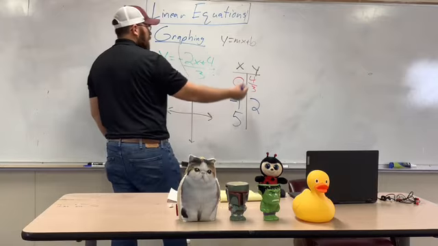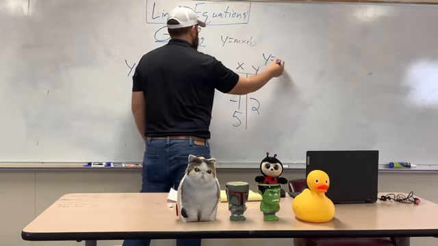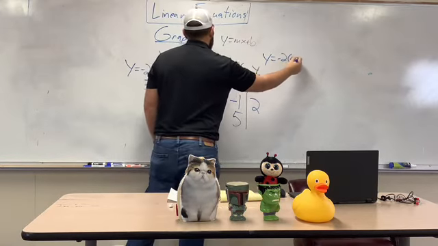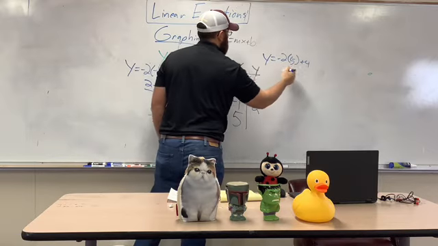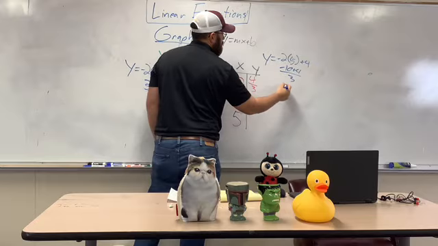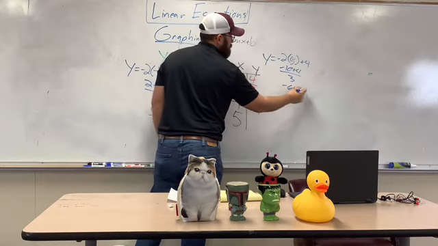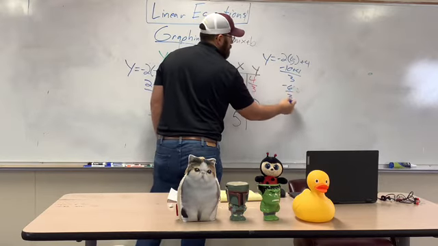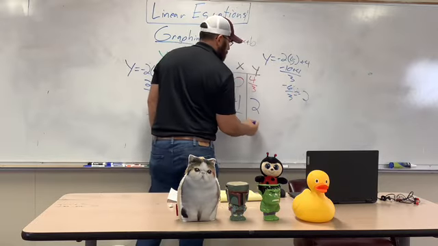So now I'm gonna do 5. So y equals negative 2 times 5 plus 4, negative 10 plus 4, but it's all over 3. So it gives me negative 6 over 3, which gives me negative 2.